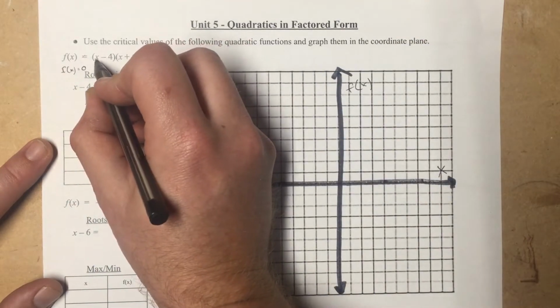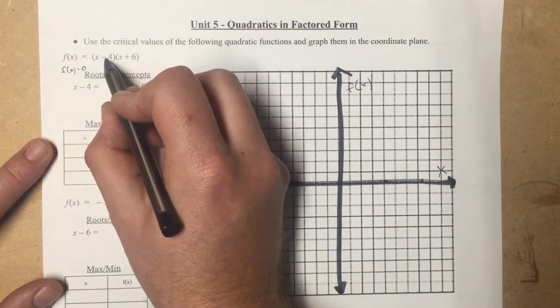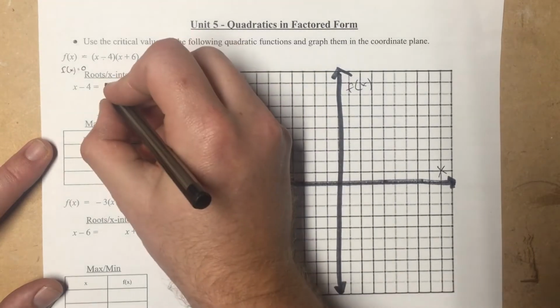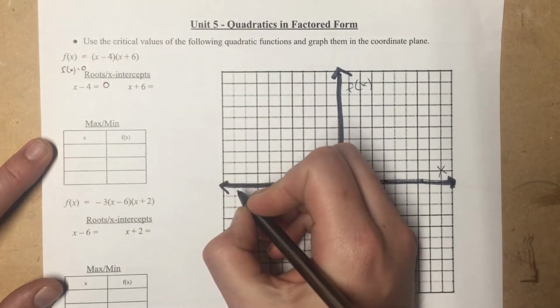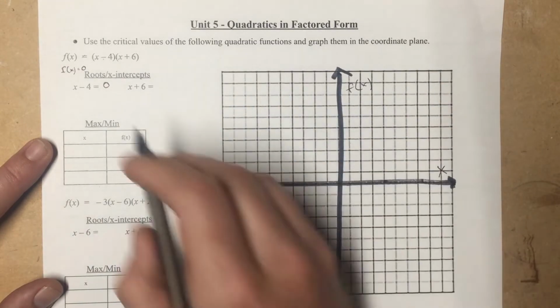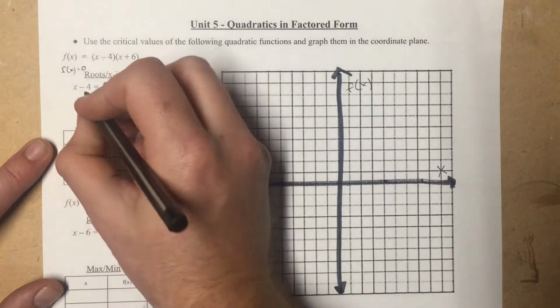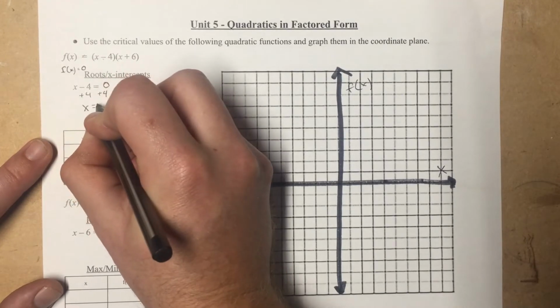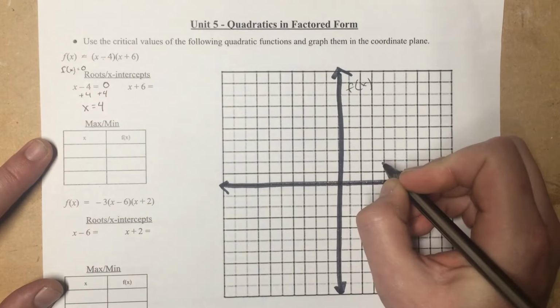If we want x minus 4 to equal 0, then we need to figure out what x is equal to. Well, if x minus 4 equals 0, then if I add 4 to both sides, x is going to equal 4.